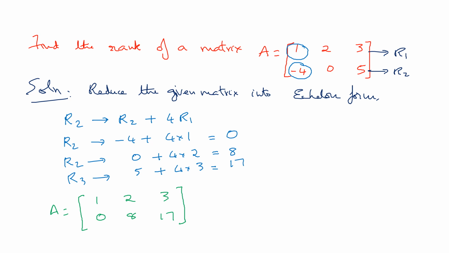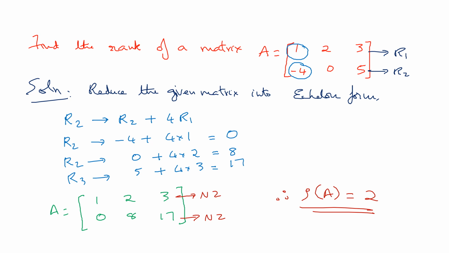But in the second row, before the first digit, there is one 0. That is sufficient. So how many non-zero rows are here? This is non-zero. This is also non-zero. Therefore, the rank of matrix A is 2, because there are 2 non-zero rows.